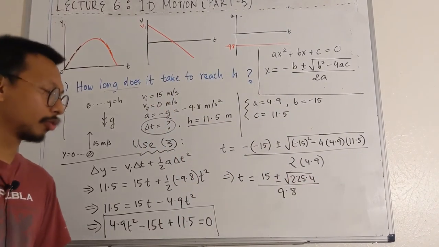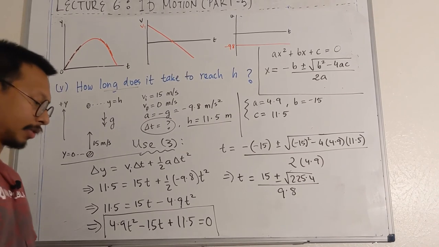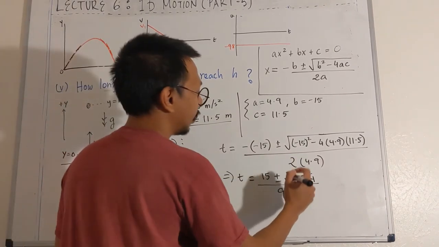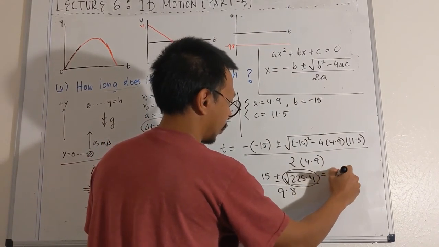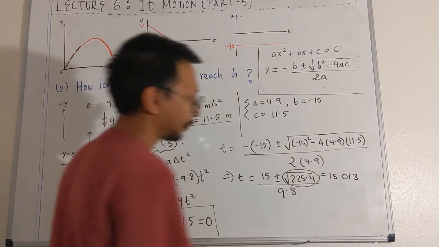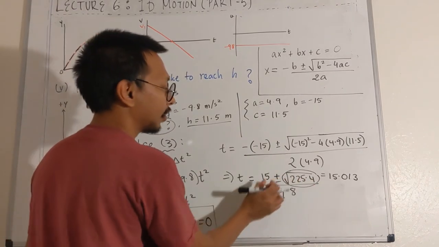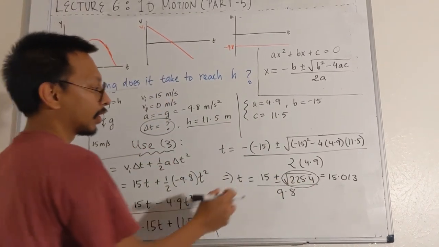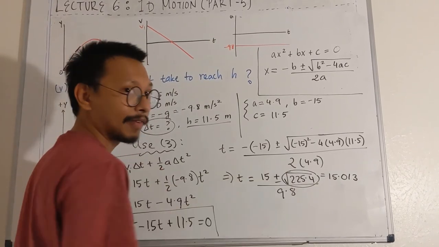The square root of 225.4 is 15.013. So we can see it is slightly larger than 15, which means if you subtract this from 15, you would get a negative answer.